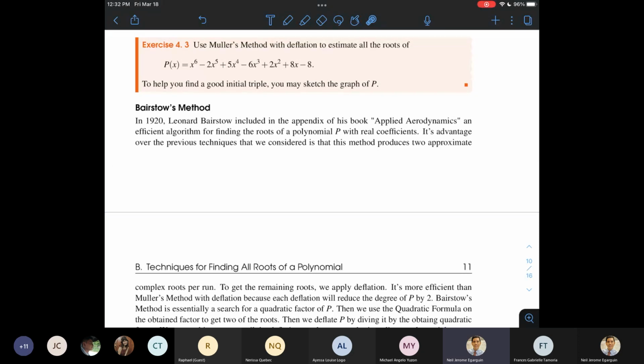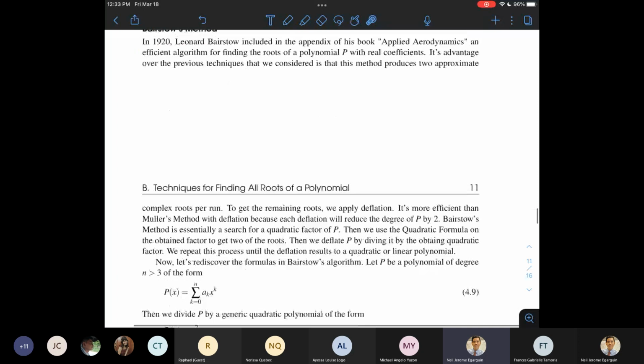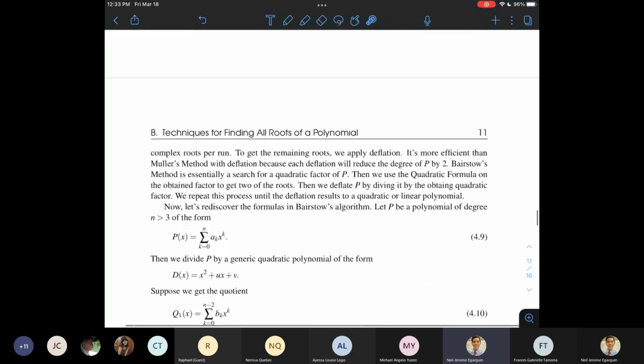Okay? Now, paano ito nagagawa ni Bairstow? Ang ginagawa niya ay actually nanghuhula siya ng quadratic factor. So, ito yung sinabi ko kanina na nililimit na natin yung pagko-consider natin ng nonlinear equations to polynomial equations. Kasi yung general problem, napakahirap niyang i-solve. So, Bairstow's method works well for, or actually will work only for polynomials. Kasi ang design ng method na to, nanghuhula siya ng quadratic factor para dun sa polynomial p. Alright?